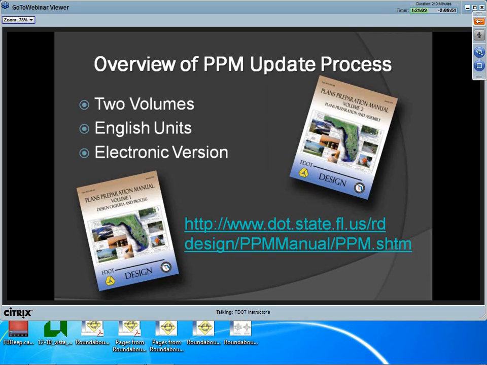Both volumes are in English units, and you can find the PDF files for each chapter of Volumes 1 and 2 on the website shown on this slide. We not only provide the most recent updated PPM, but we also have archived manuals that date back as far as 1967, if you're interested.